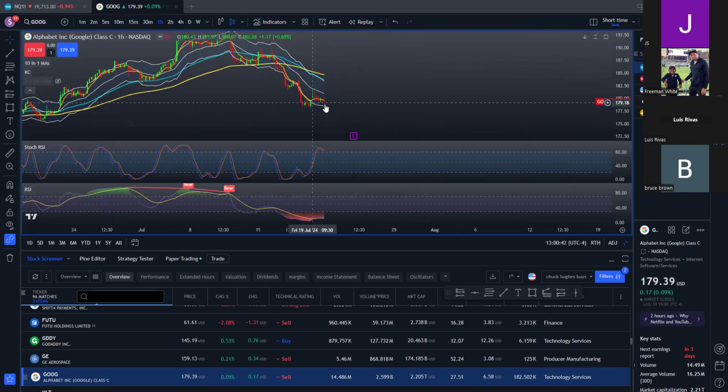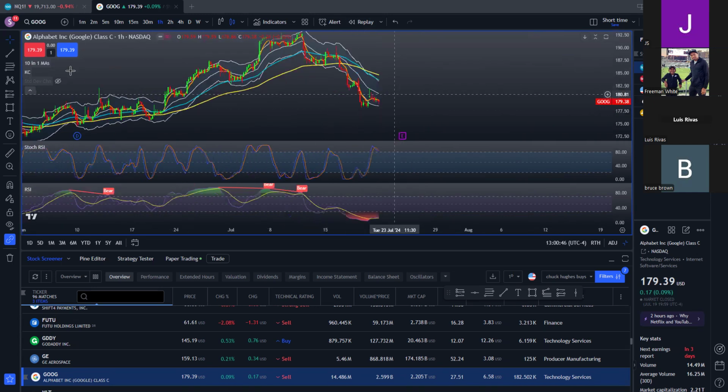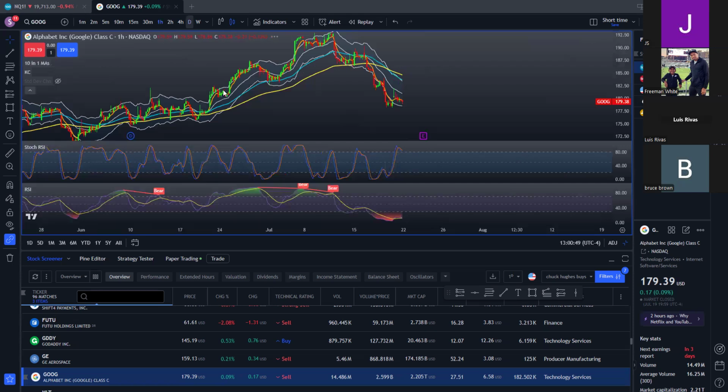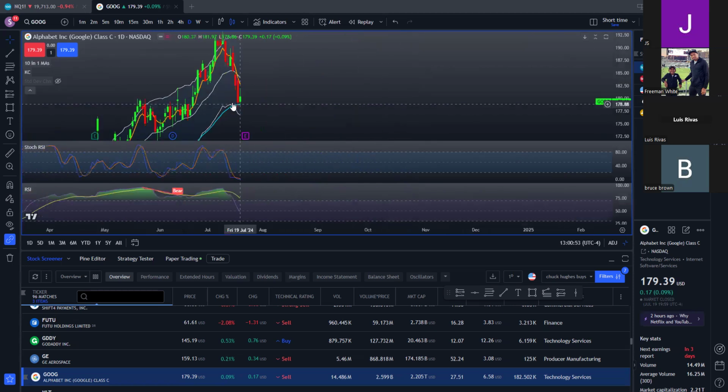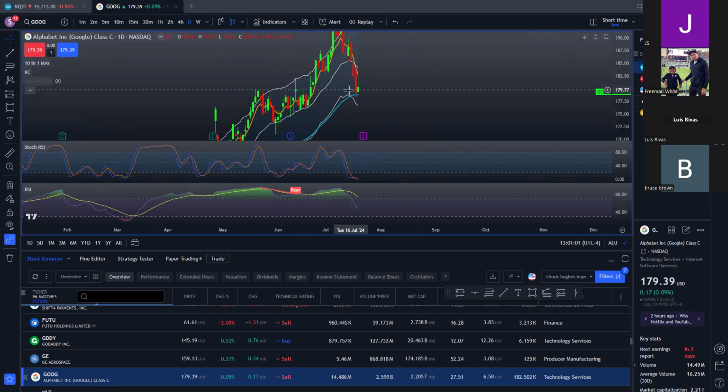Maybe we'll get a double bottom, stochastic comes down, and then we get that push up for the daily move back up. Even though the 50 and the 100 are crossing on the hourly, I want to see what happens. It's touching that 50 on the daily. And like I said, we're in it for a good time, not a long time.